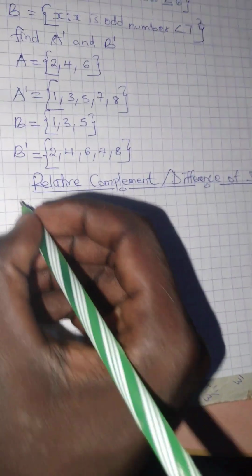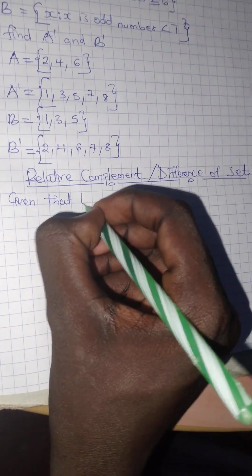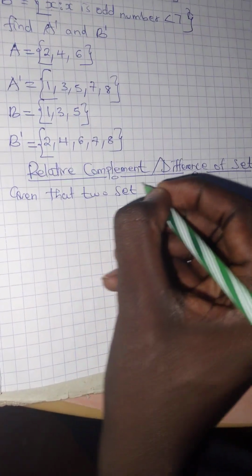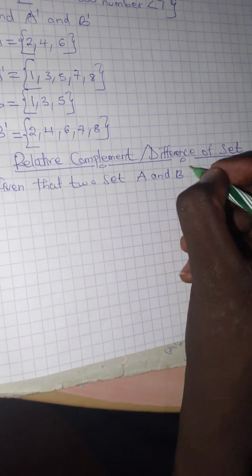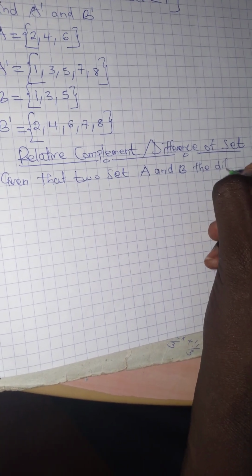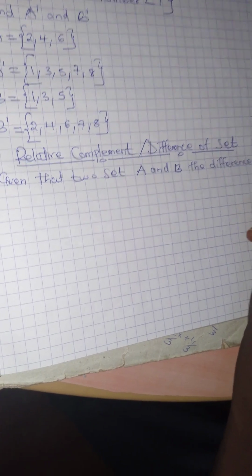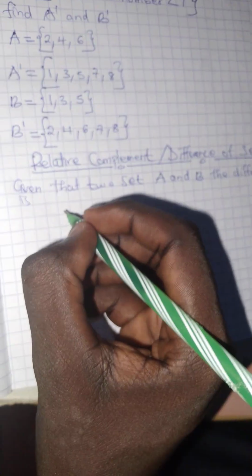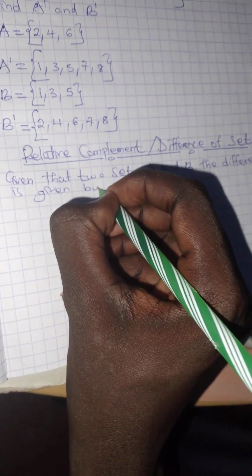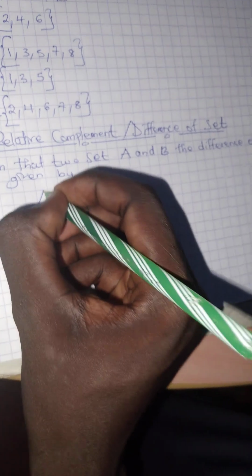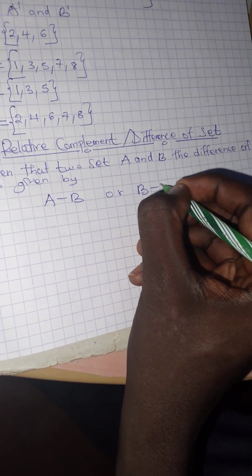Given two sets A and B, the difference of a set is given by A minus B or B minus A.